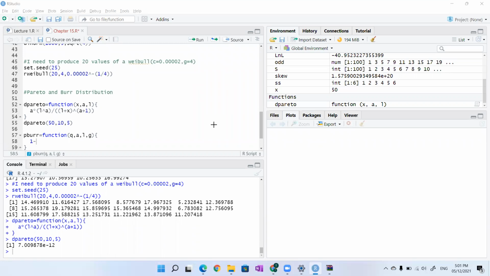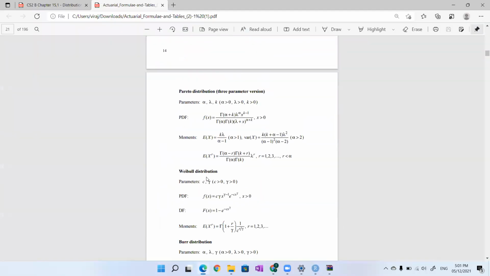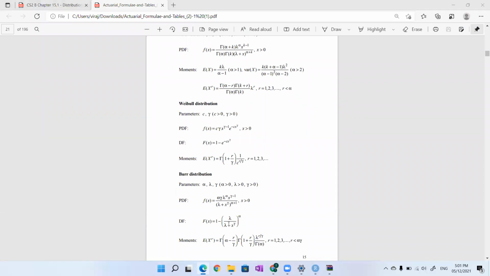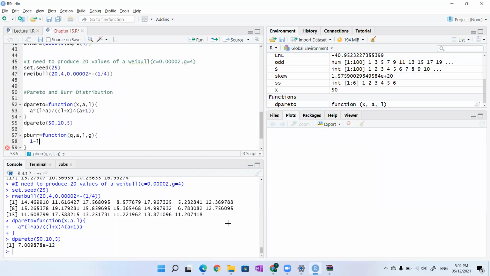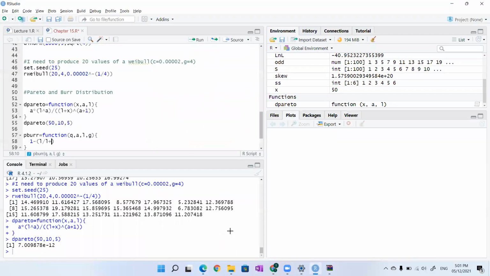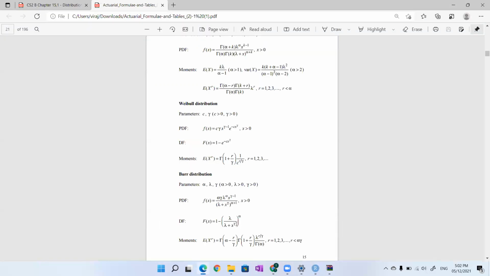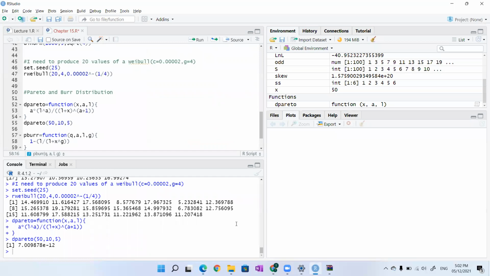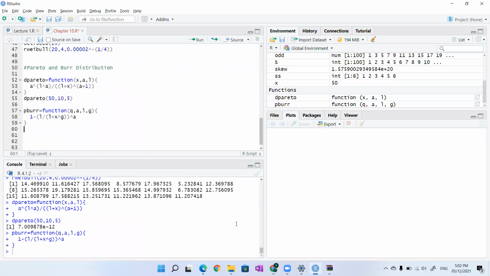It is nothing but 1 minus, let me just see the formula, Q Burr 1 minus lambda upon lambda, के ब्रैकेट में लिख लेता हूँ lambda divided by lambda plus, ये ब्रैकेट में डाल देता हूँ, x raised to gamma g, to gamma the whole raised to alpha, the whole raised to alpha. You got your P Burr.